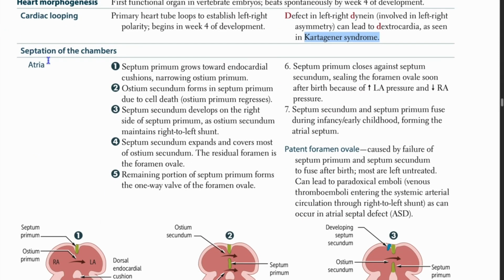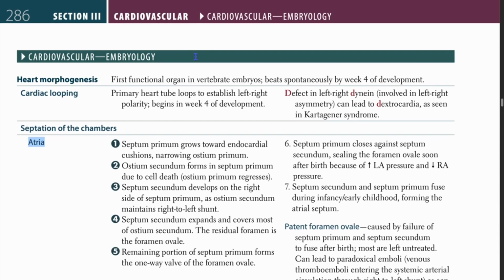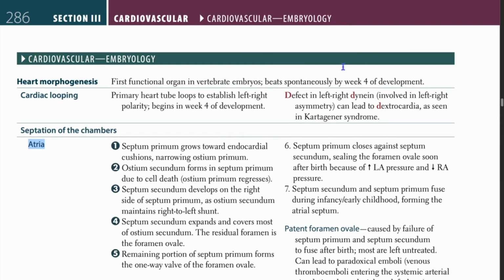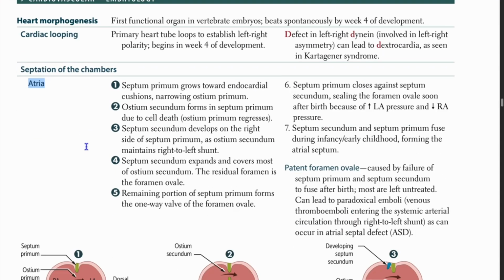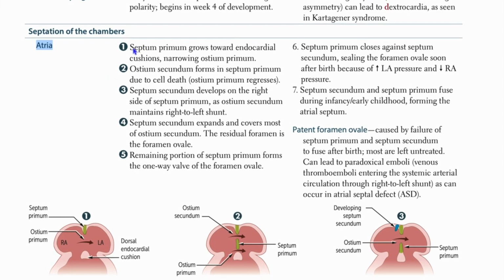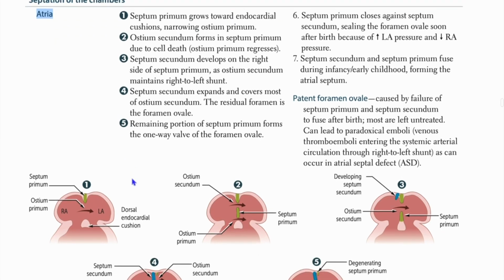Septation of the chambers. So four chambers, not cavities, but four chambers. Week 4, it starts beating. Atria: septum primum grows towards the endocardial cushion, narrowing ostium primum. So this is septum primum right here, and this is your endocardial cushion.